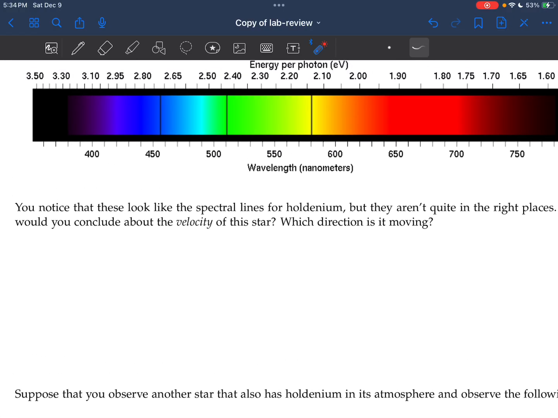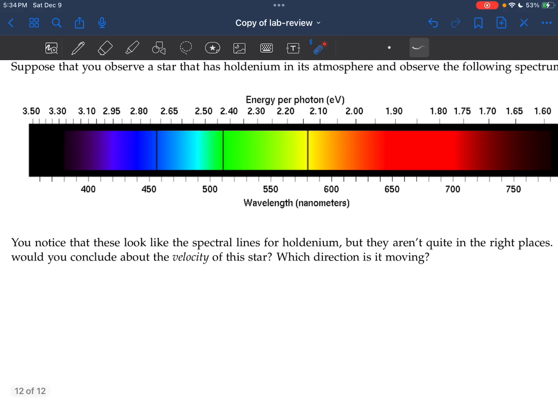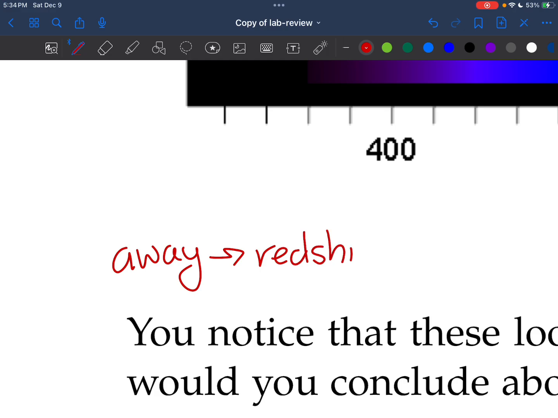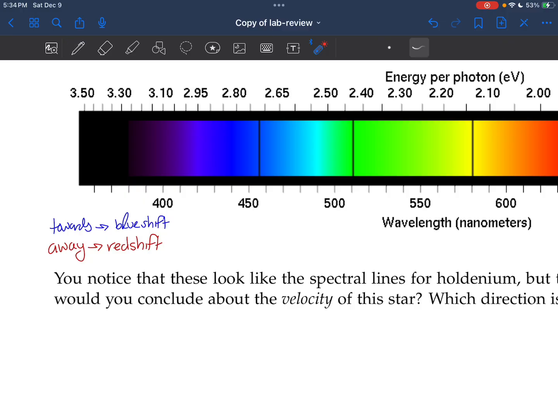And we said before that when things are moving away from us, they get redshifted. If things move away from us, that's redshift. If things are moving towards us, that's blue shift. Right?